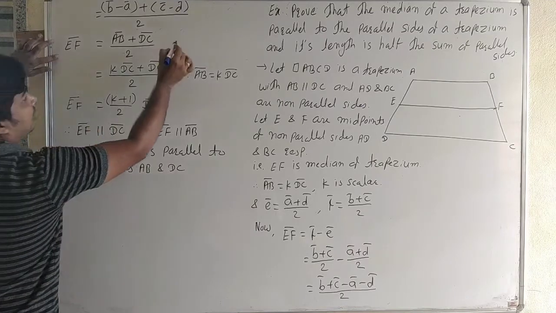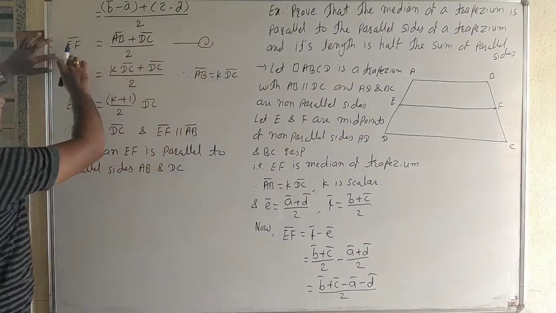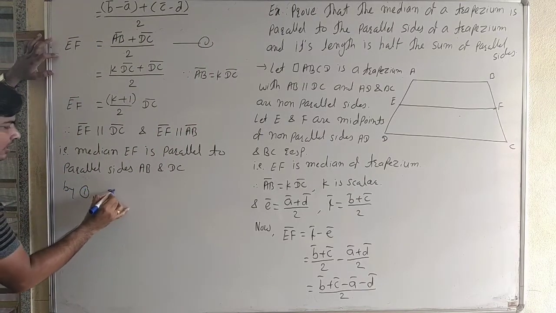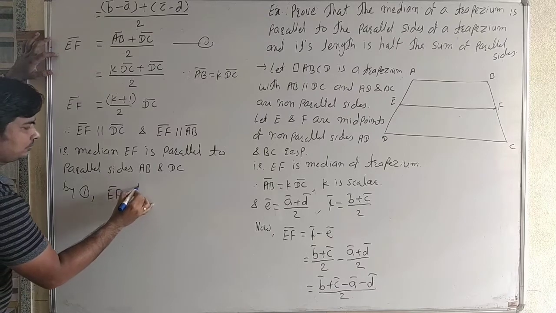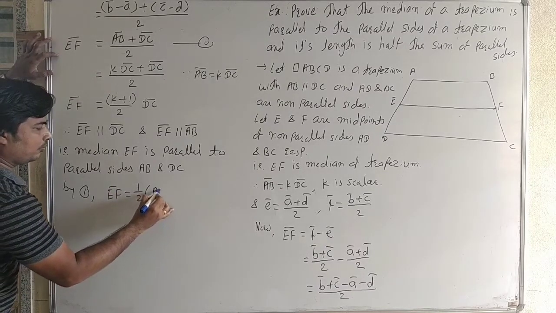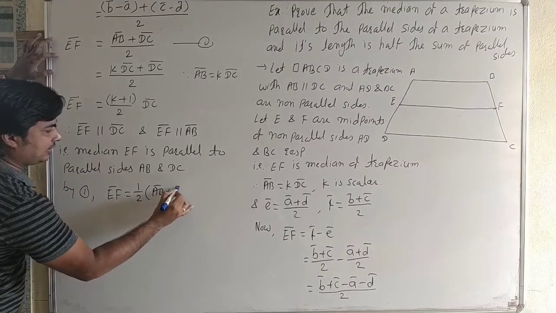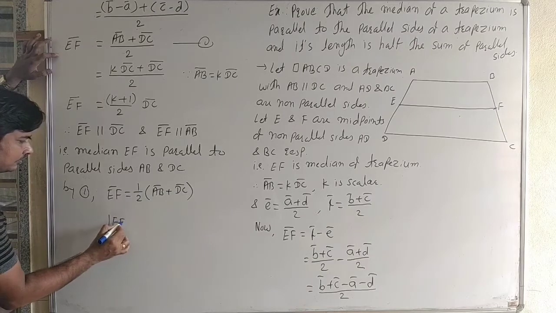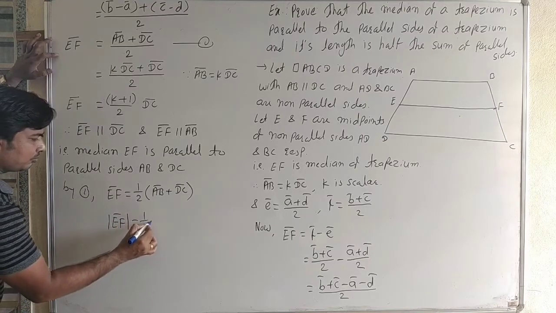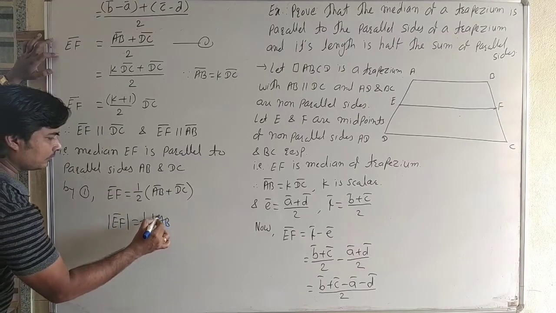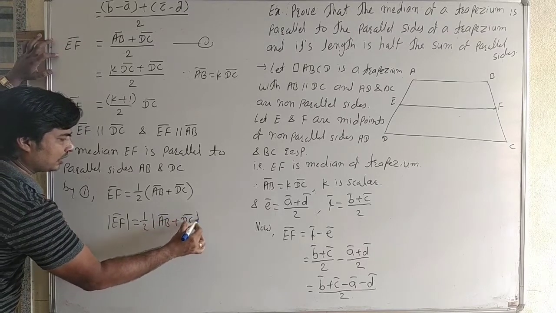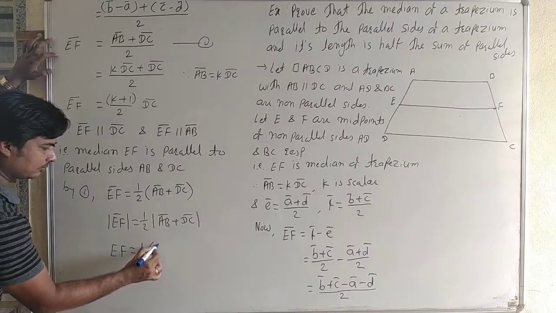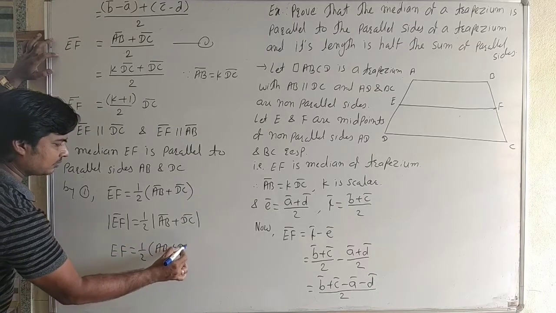Now again, from equation number 1, we can write vector EF is equal to 1 by 2 of (vector AB plus vector DC). Taking the magnitude, EF is equal to 1 by 2 of (AB plus DC).